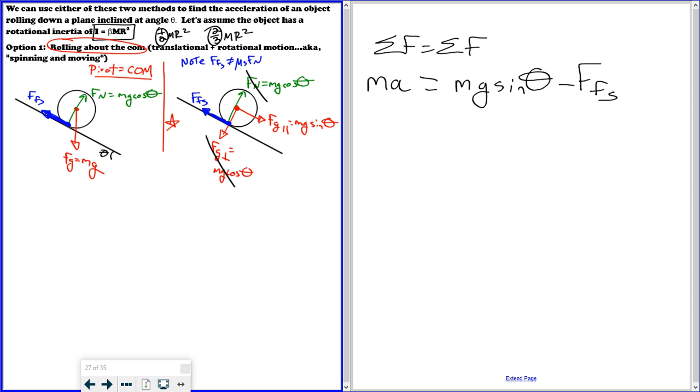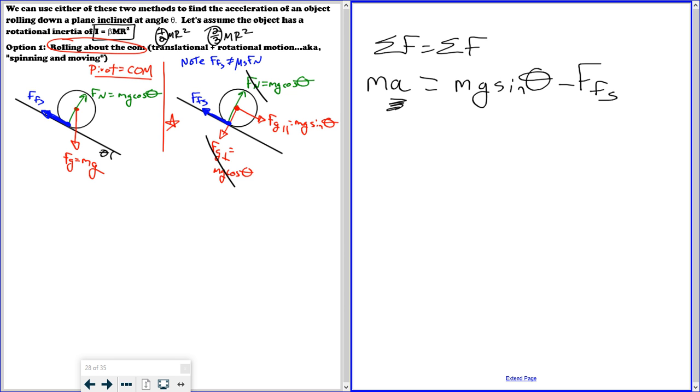But I've got 2 unknowns here. I don't know the acceleration, and I don't know the force of static friction, right? Everything else we know, okay? So the other equation I'm going to make is this. The net torque about my center of mass has to equal the net torque about my center of mass.